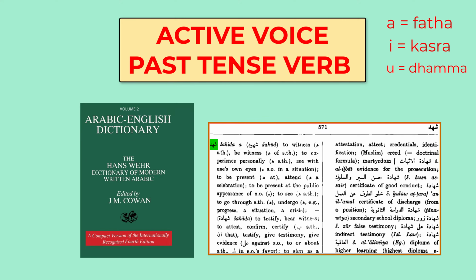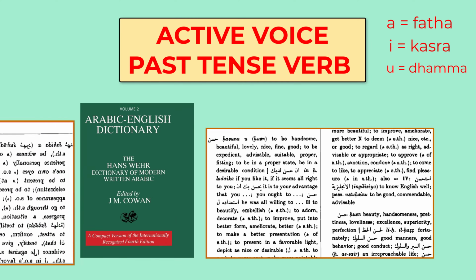Now if we look at this entry here, we have the sheen, the ha, and the dal. What do we see? We understand that the first and third radical both have the A, but the middle one has an I, which represents a kasra. So it's shahida, which means he was a witness.